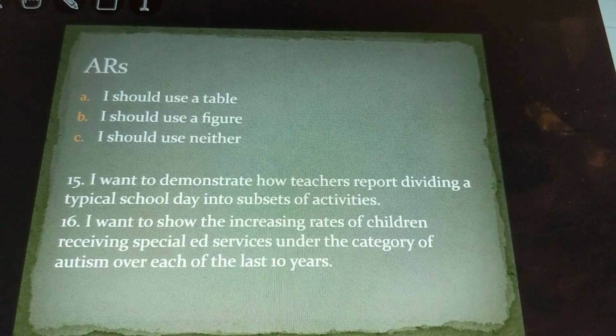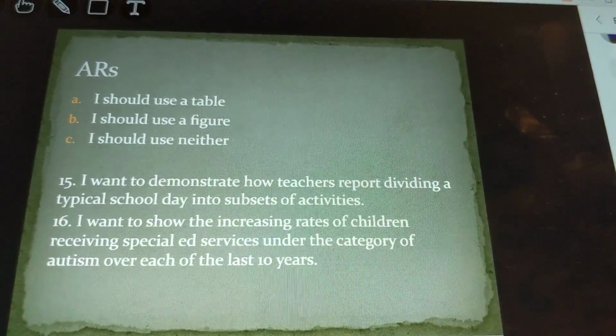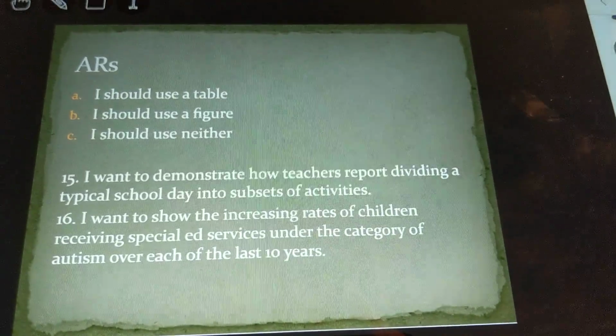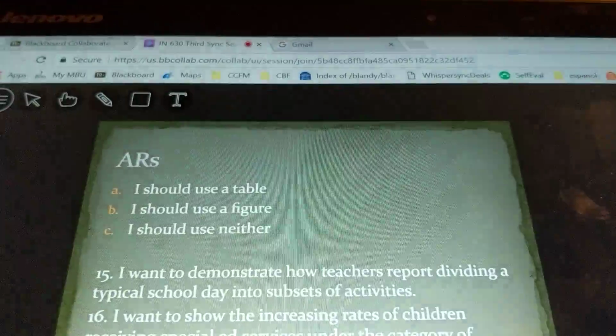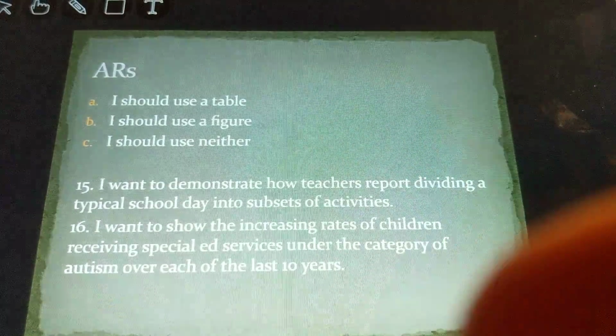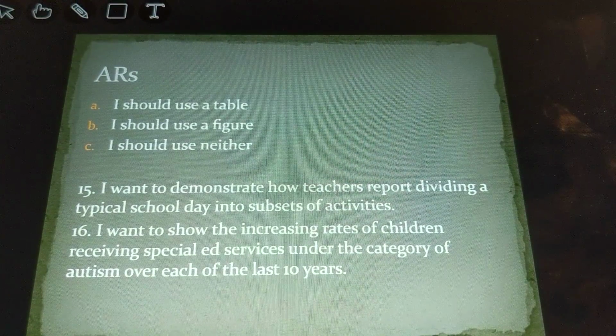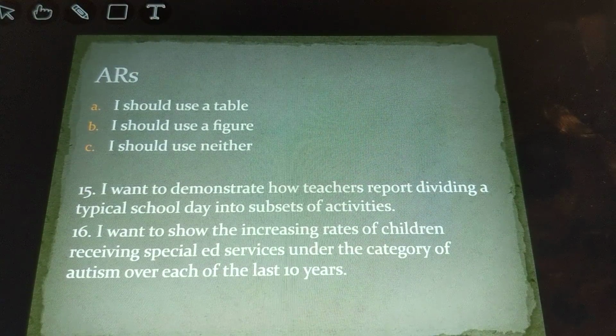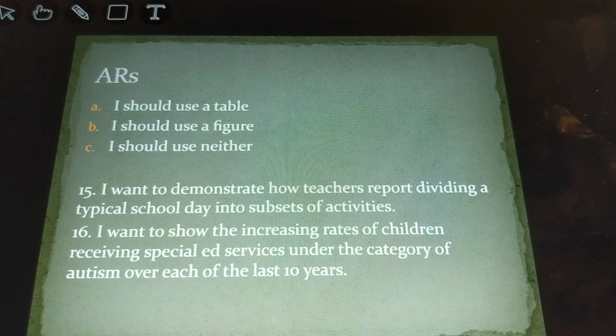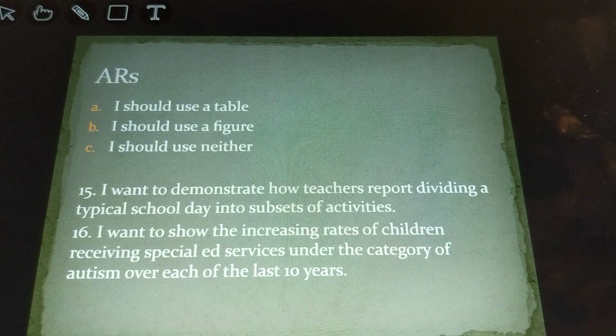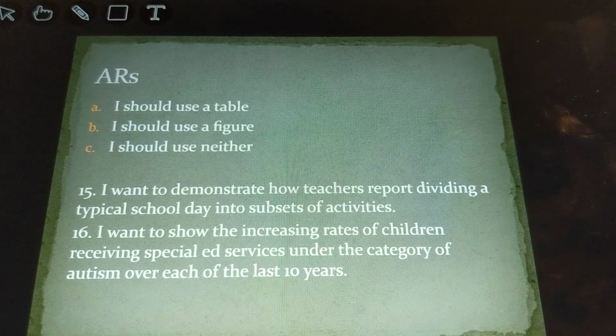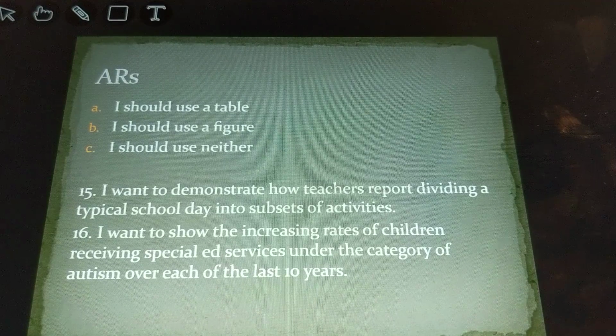Think for a second about what we don't know yet, or what the possible variations might be. We don't know how many subsets of activities. You could have a huge school system with several hundred teachers. So those numbers may definitely impact whether or not it's appropriate to use a table.